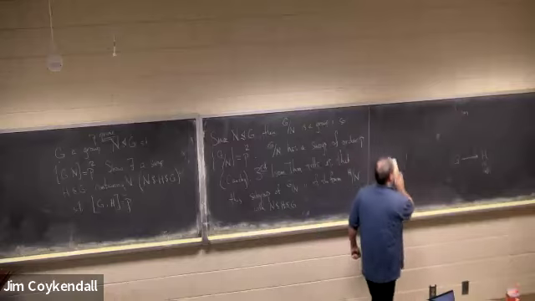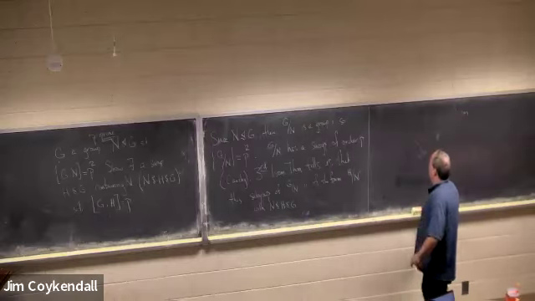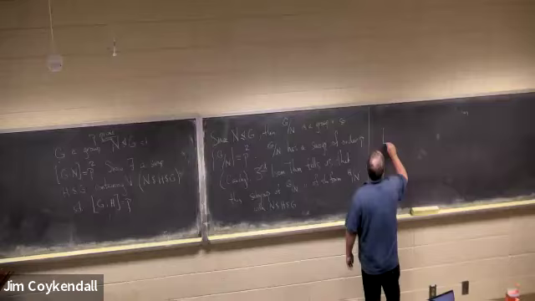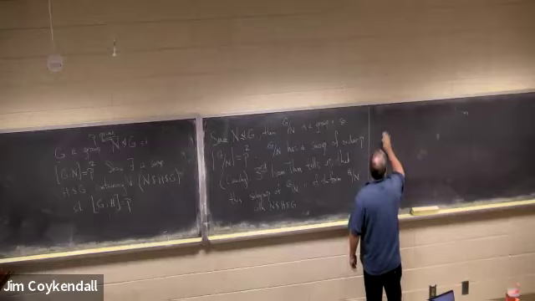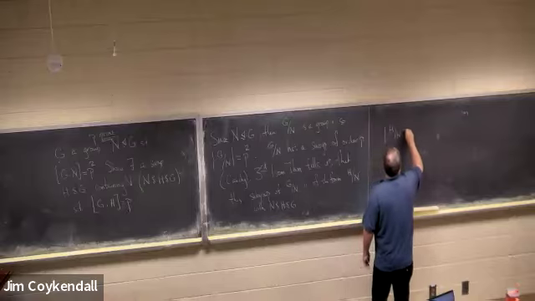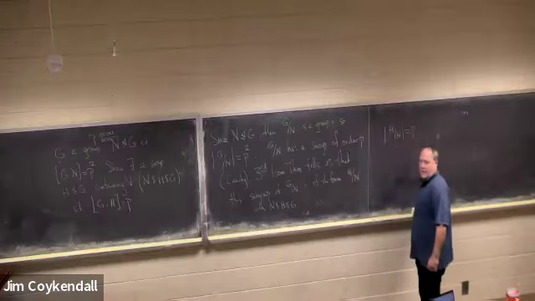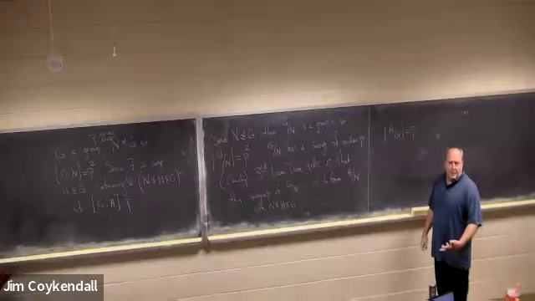So what we have is the order of H mod N is equal to P. We know this group exists by Cauchy.